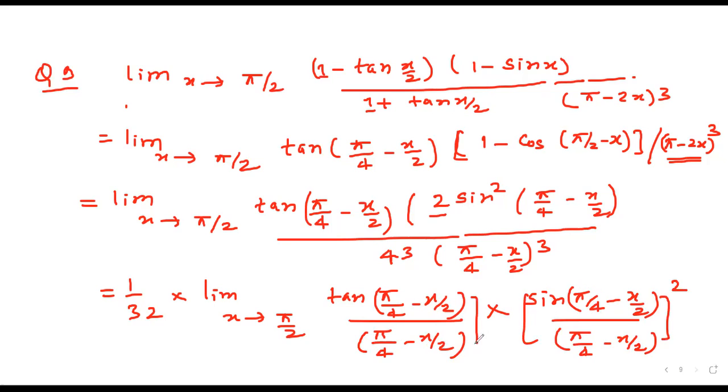So the first term will give 1, this term will also give 1. So we will get 1 upon 32, which is our answer.